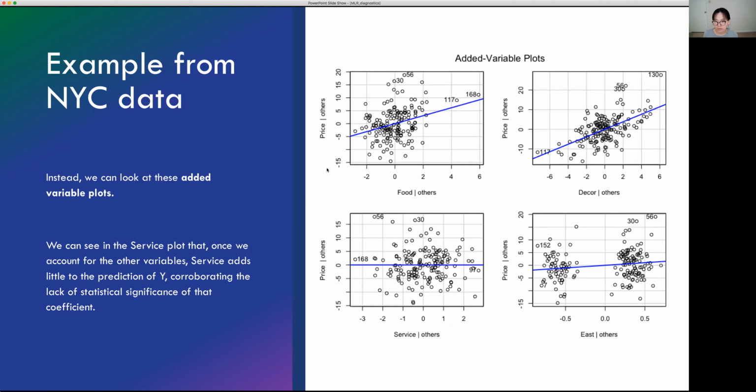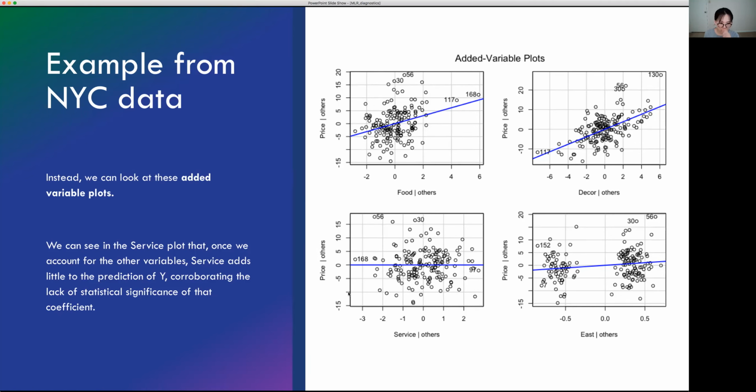So this is one residual after removing the effect of all these three predictors, and this is the residual for the food after removing the effect of the three predictors. Similarly, we plotted for each of the predictors.